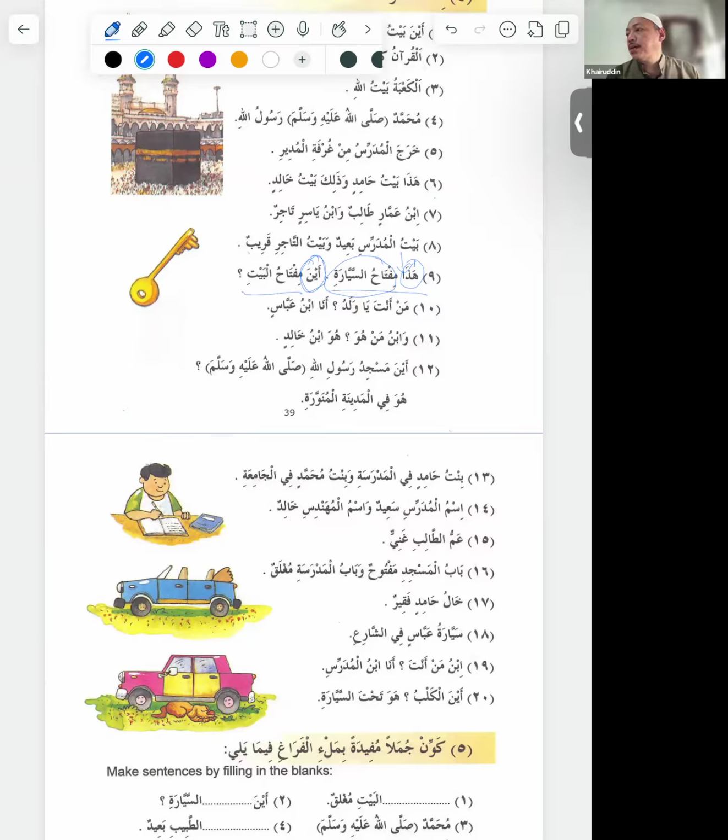Next sentence. Man anta ya waladu. Here, again, we start the sentence with an interrogation. Man, meaning who. Anta, meaning you.